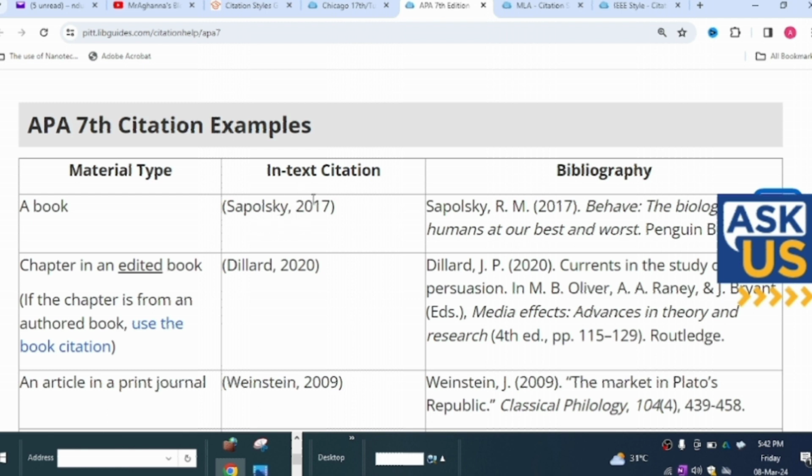Inside the body of your text, you just write the surname and the year of publication, and under the bibliography, under the reference list, you include these details.